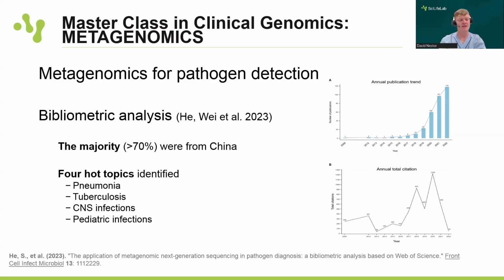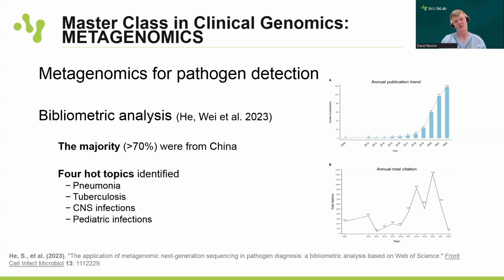For tuberculosis, we know that Mycobacterium tuberculosis is very difficult to culture, and also prediction of resistance has been found very easy to perform with metagenomics. You can identify the resistance genes, and they are clearly coupled to phenotypic resistance.